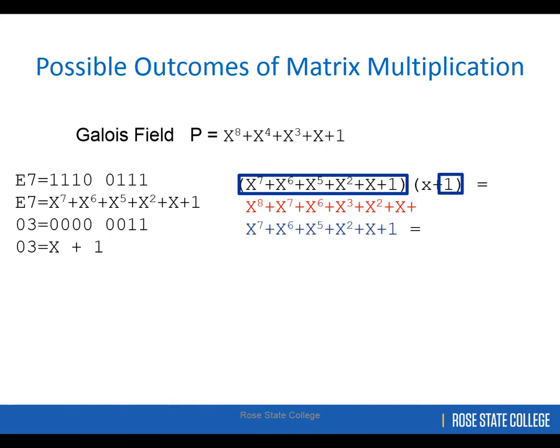Now you'll notice we have some duplicate values here. You see that? With duplicate values, you cancel them out. So you get rid of the x to the 7s, the x to the 6s, the x squareds and the x. You basically wipe out duplicate values.